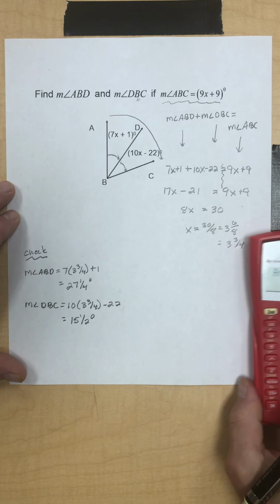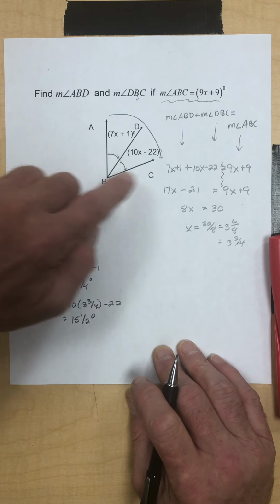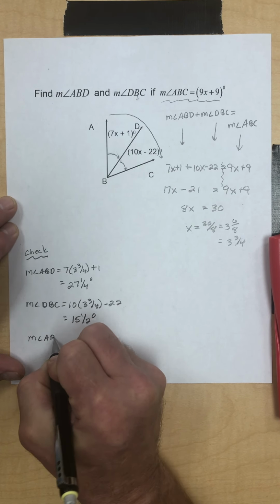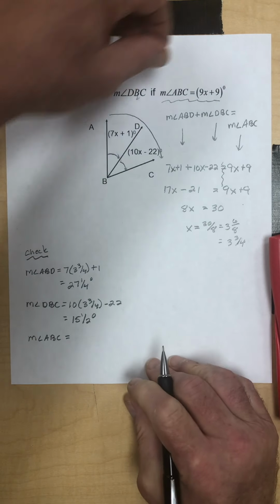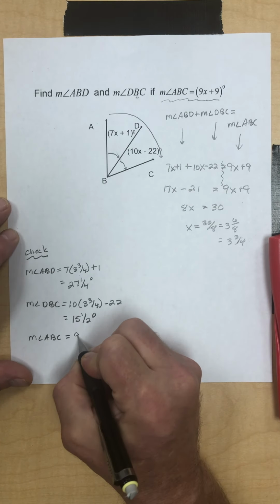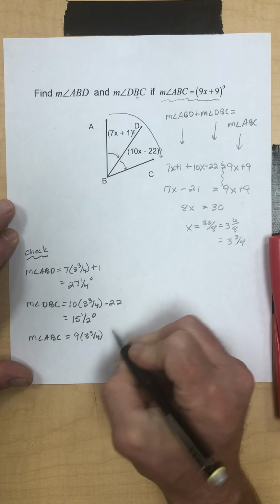Okay, and now I have to check all the way across angle ABC. Now we know that the measure of angle ABC is 9x plus 9. So I'm going to have to go 9 times x, which is 3 3/4, plus 9.